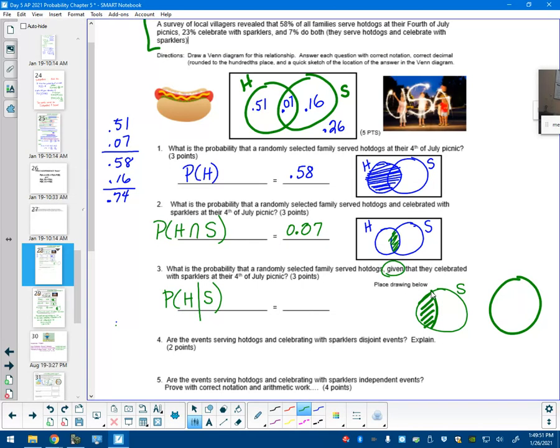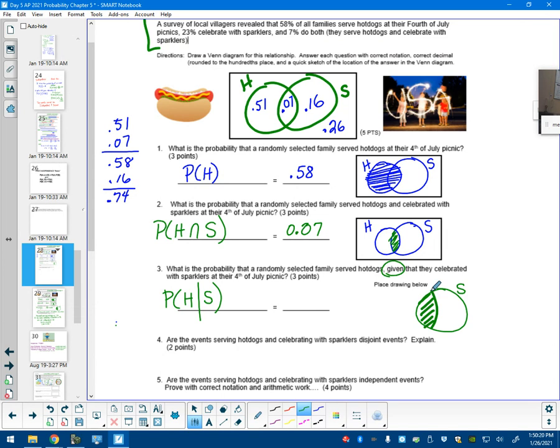If you draw it this way and you don't have any letters anywhere and you put that down as your answer right there, you are going to lose credit for the drawing part. Because I'm going to take it off of here and think you're talking about what's the probability that you have sparklers given that you ate hot dogs for your picnic. So make sure you're keeping things straight.